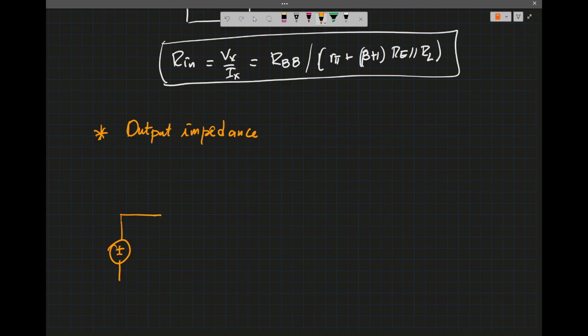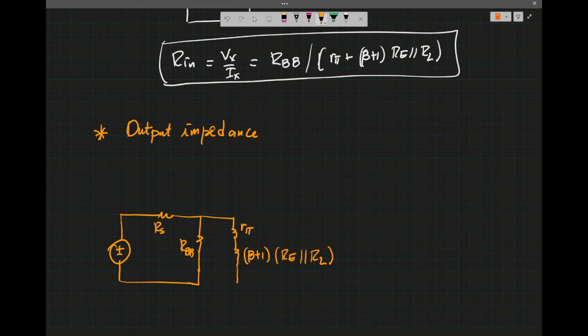So we have RS, and then we have RBB, and we have R pi, and we have also beta plus 1 that multiplies RE parallel R load.